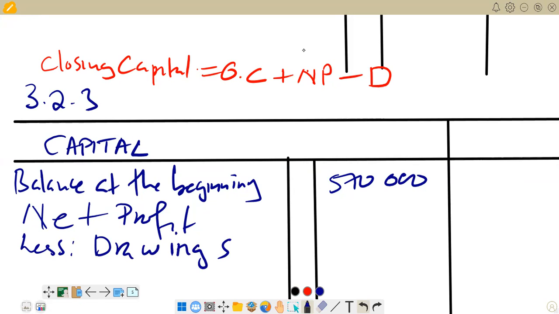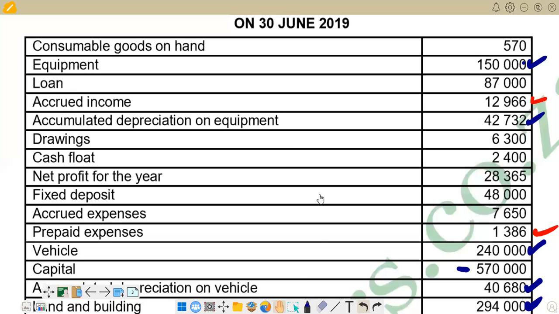So we need to go and find the figures that we have in terms of our net profits. So you see that our net profit for the year is here. We see it is 28,365 here. That's where we have our net profit for the year. So we're adding net profit, and then we are lessing drawings. Drawings is here 6,300. Then we get our closing balance.